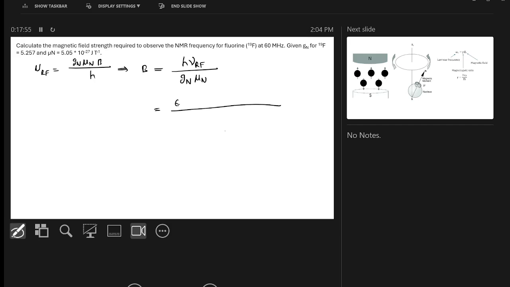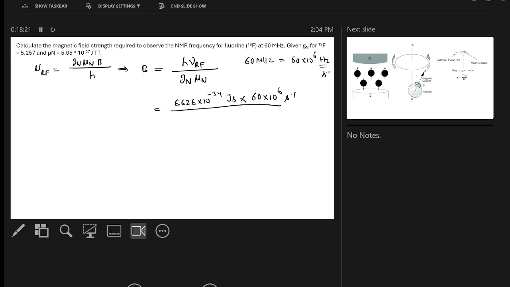It is 6.626 times 10 to the power minus 34 joule second, and the frequency is 60 megahertz. We can write it in seconds: 60 megahertz is equivalent to 60 times 10 to the power 6 hertz, and this hertz is equal to per second.